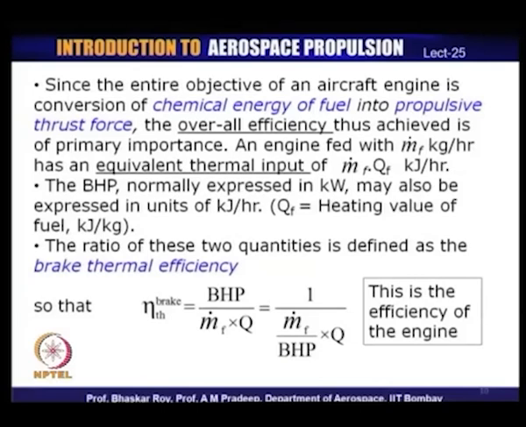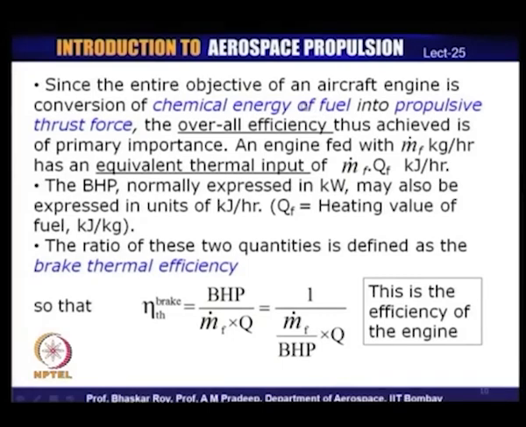Okay. Since the entire objective of an aircraft engine, the IC engine or the piston engine that we are looking at, is fundamentally to convert the chemical energy contained within the fuel finally into propulsive thrust. So, to begin with, the input to the engine is the fuel, which has chemical energy contained within it.